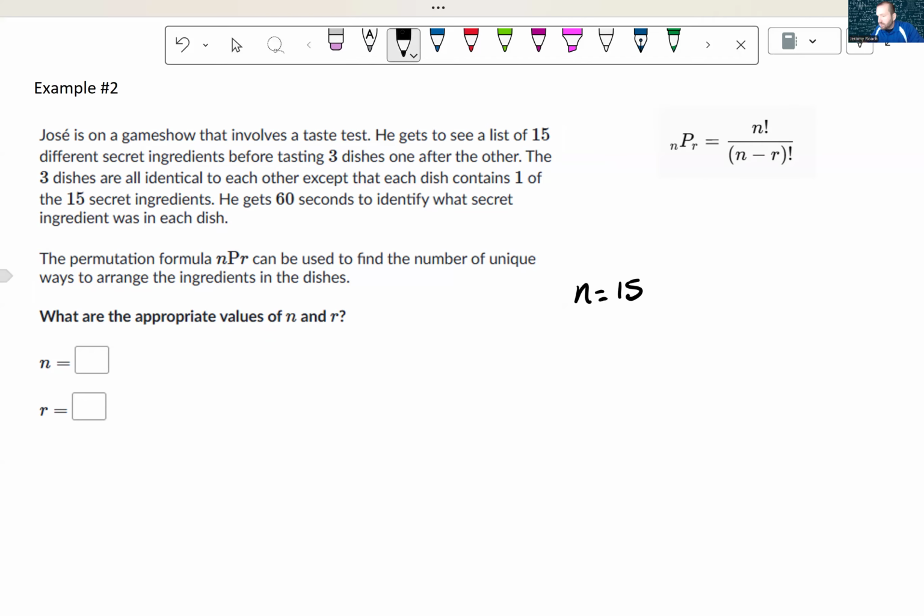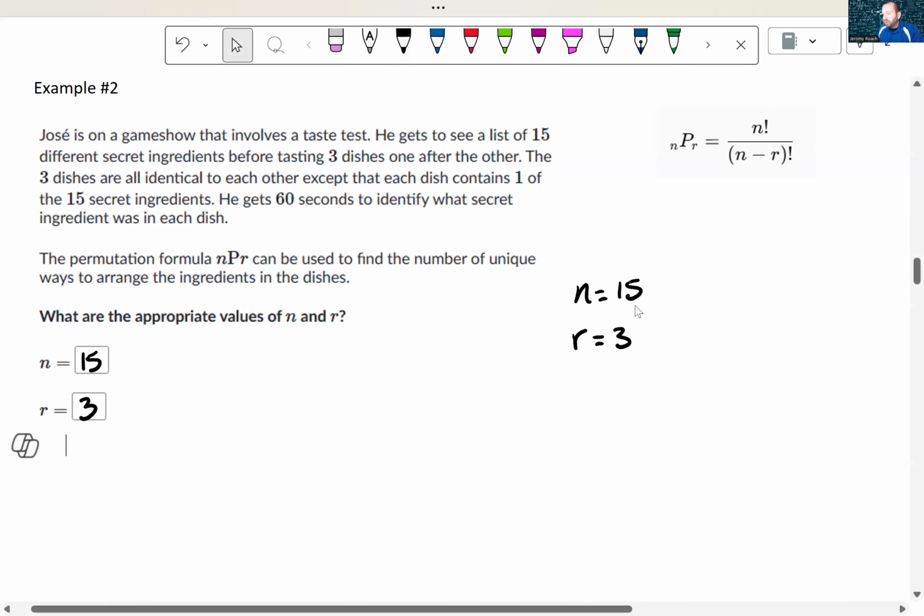And he's going to be tasting 3 dishes. So we're going to select 3 dishes out of the 15 secret ingredients. So that's all this question is asking us to find, is that N is 15 and R is 3. We're choosing R, which is 3 dishes.